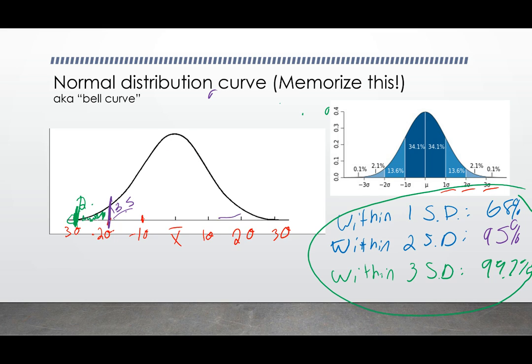So let's say I go out and I measure the weight of fish in a lake, okay? And let's say I have all my data. I've gone out and I've weighed a bunch of fish. It could be 100 fish, it could be 1,000 fish, whatever.